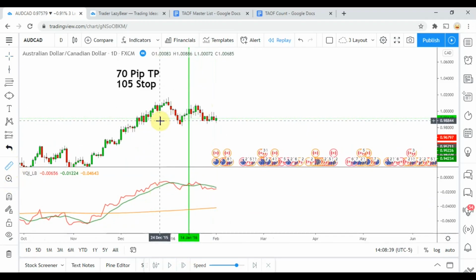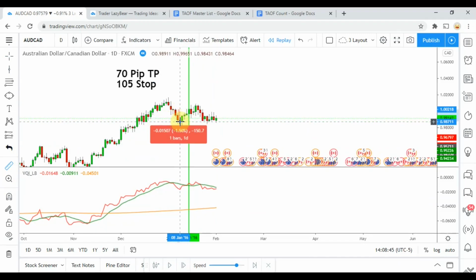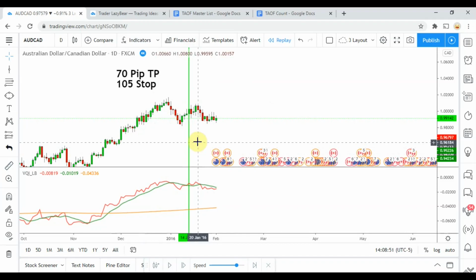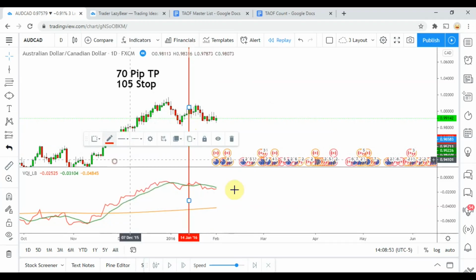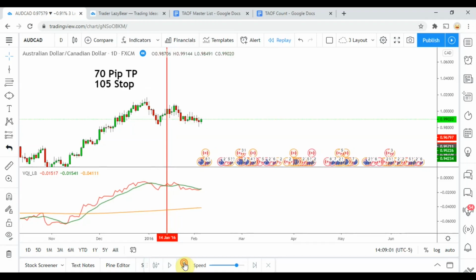So it bounces around. Let's see, right about there. Barely missed our take profit. And it did end up going against us and stopping us out. Now we have the red line that has crossed down below the green line, and so we're not doing anything.